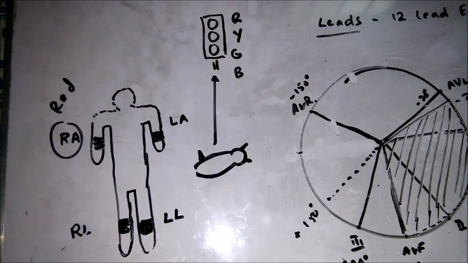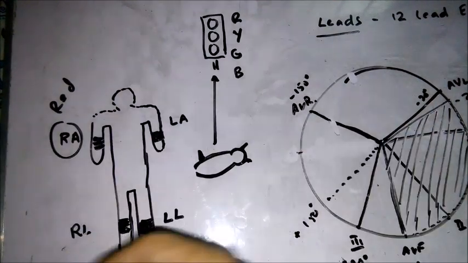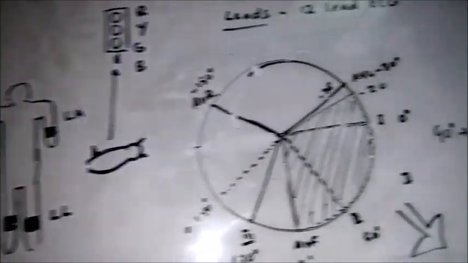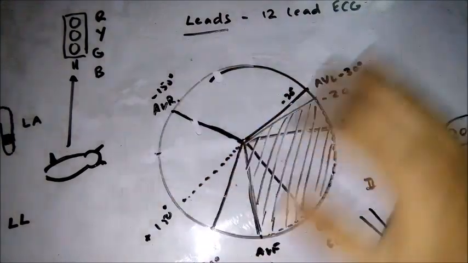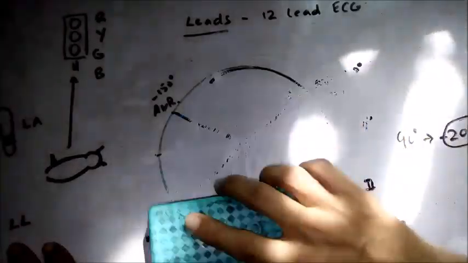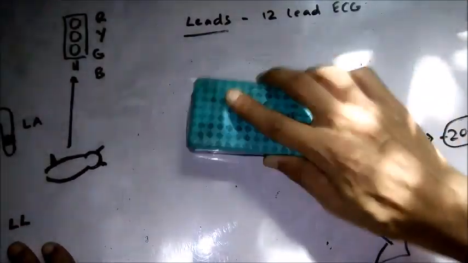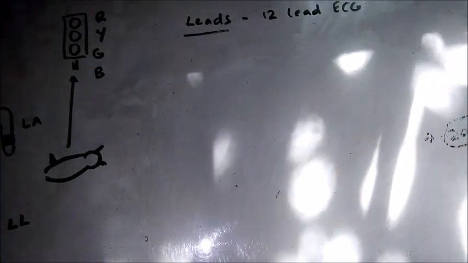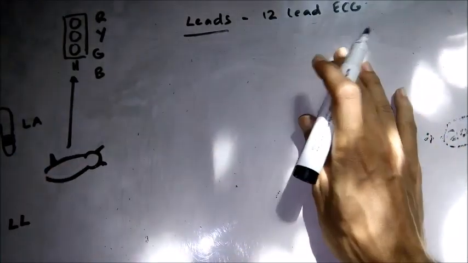Now the other very important question is that just by attaching these clamps, how are we getting these 6 different representations just by the limb leads? In order to understand that, we need to understand what we're actually trying to do here.